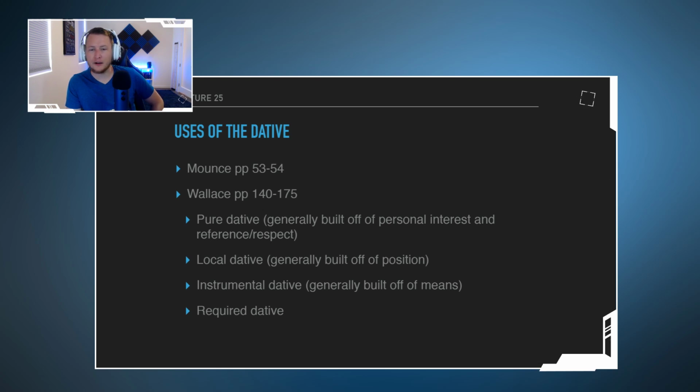In the sphere of. There's the instrumental dative, which is generally built off of means. The means by which something is done. The instrument. And then there's the required dative, where a noun or verb requires the dative to follow. I'm not sure if there are any nouns that require a dative to follow, but definitely verbs for sure.